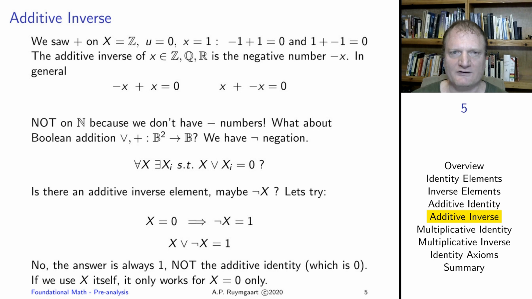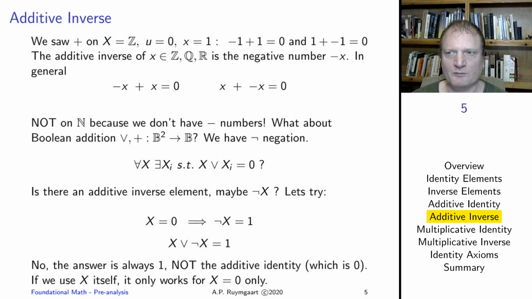We can do this on several sets that we've seen with the negative number: minus x plus x equals 0 for any number in the set of whole numbers, rational numbers, or real numbers. Turns out that we do not have an additive inverse for the set of natural numbers, and that is because we don't have the negative numbers.